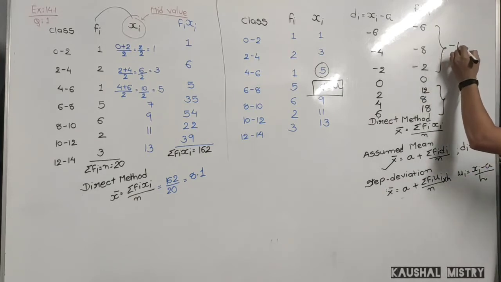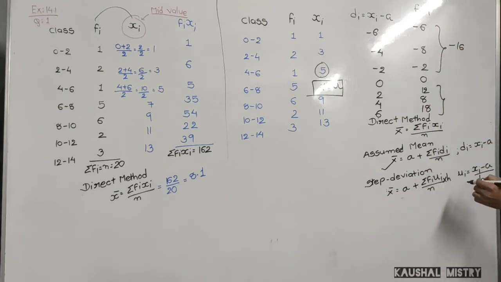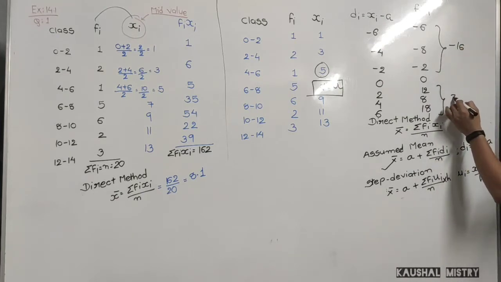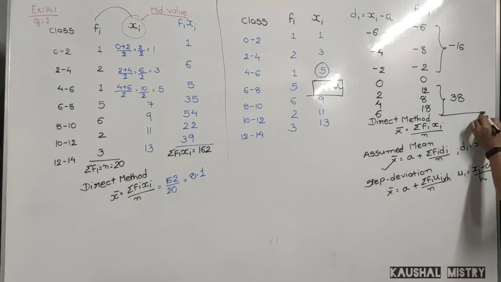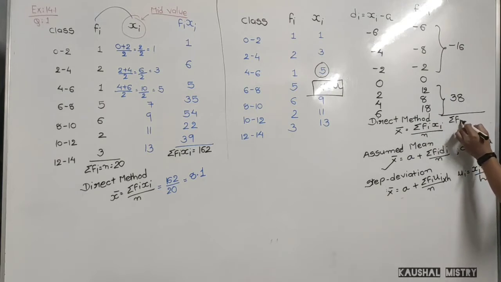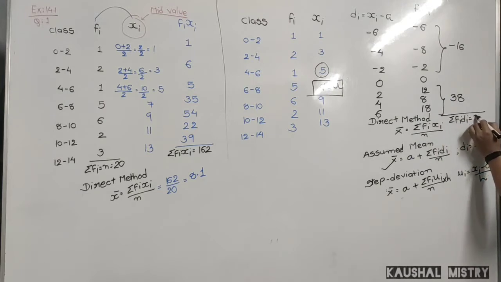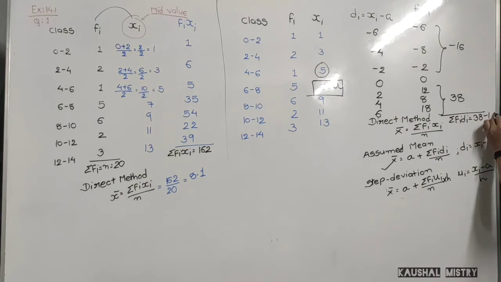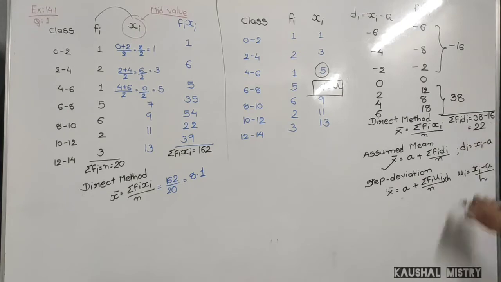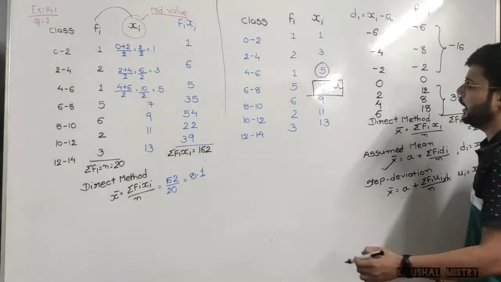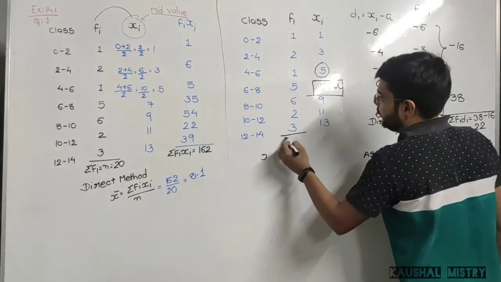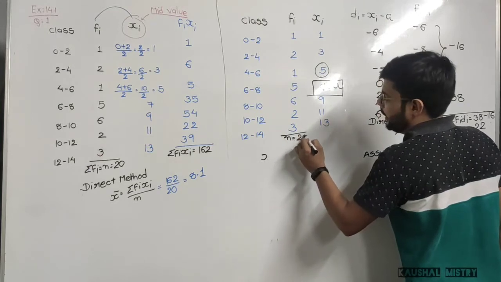This will be minus 16, right? And this will be equal to 38. So therefore sigma fi di is equal to 38 minus 16, that is equal to 22, right? And n is equal to 20.